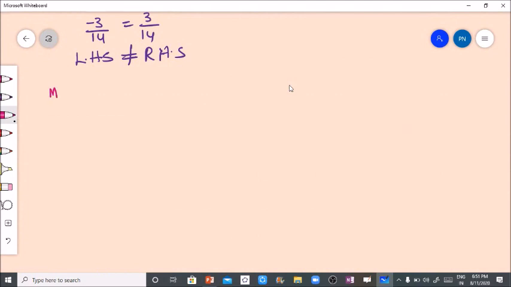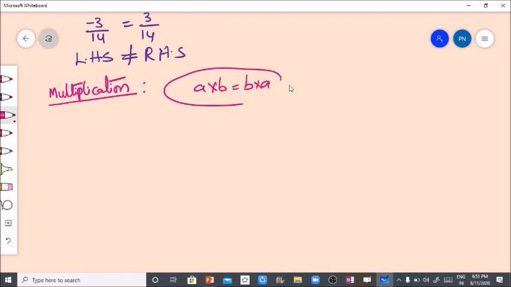Multiplication. I am going to check A into B equals B into A. Is it possible or not? Let's take two rational numbers, minus 5 by 2 and 3.